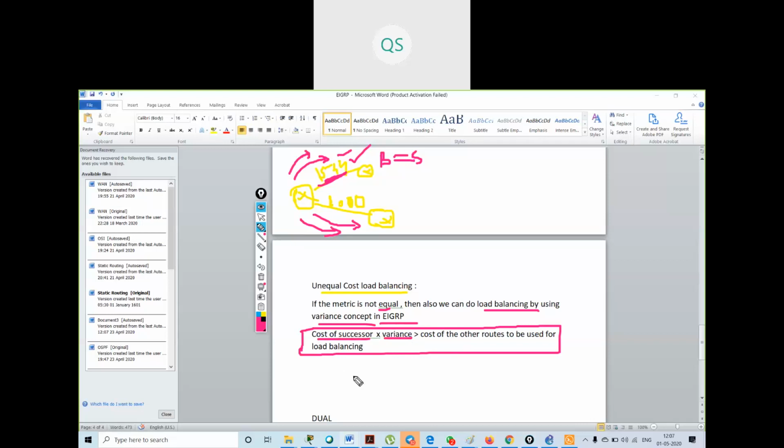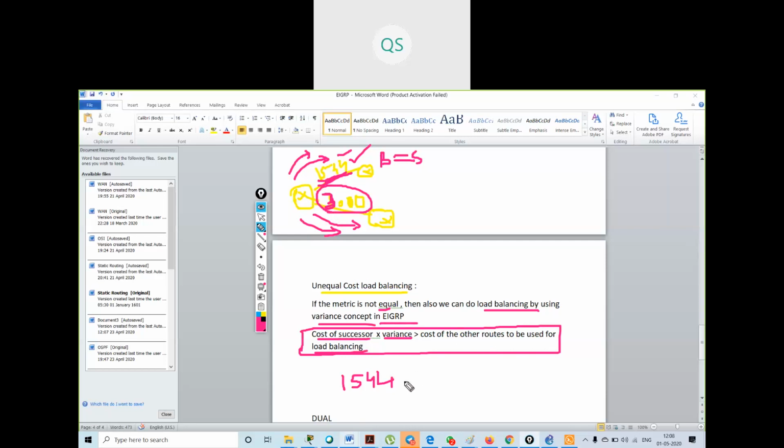Suppose my cost over here is 1544. Suppose my cost on the other path is 3000. The cost of the successor, multiplied by the variance, should be greater than the cost of the other routes to be used for load balancing.